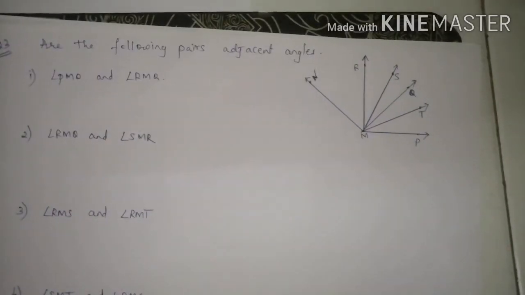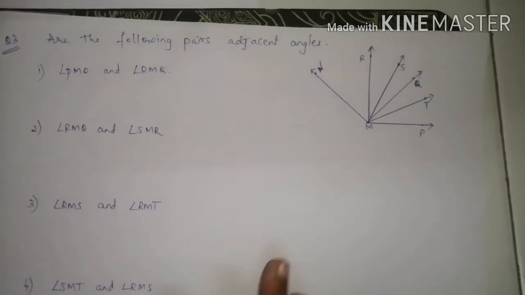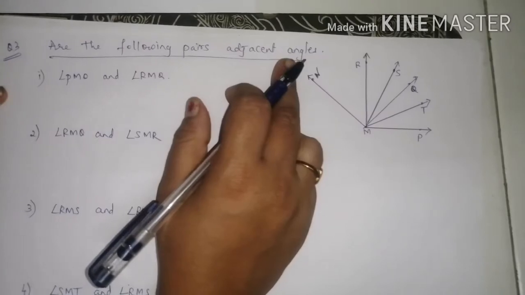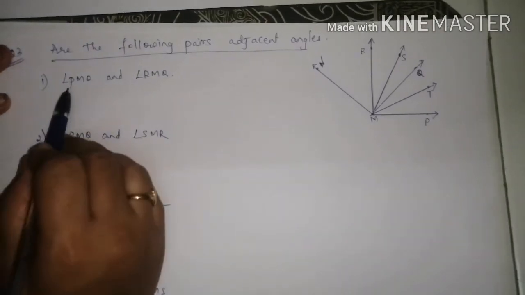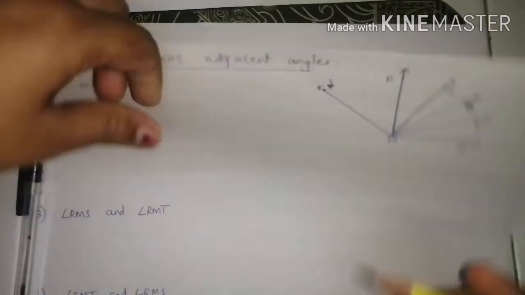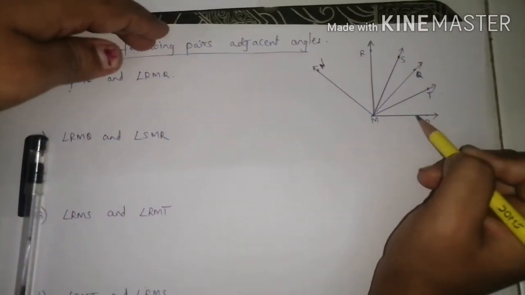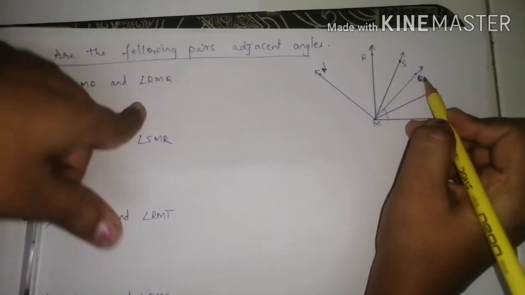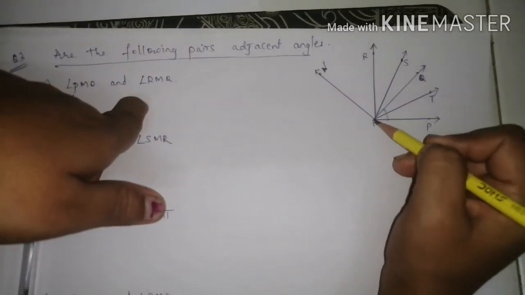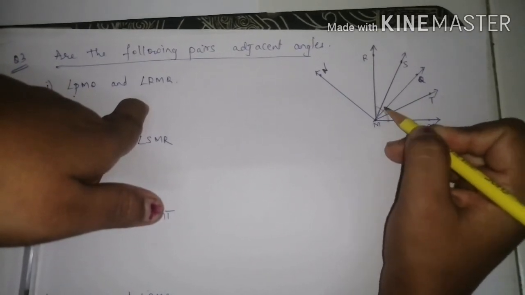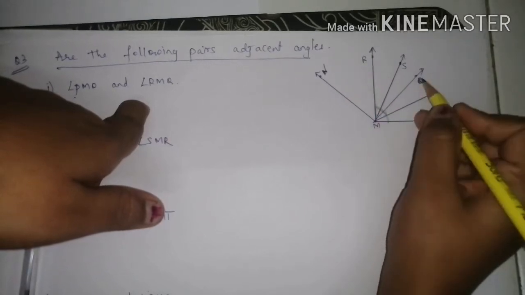Let's move to question number 3. This figure is given to you all. They are asking, are the following pairs adjacent angles? Let's see. Angle PMQ and angle RMQ. PMQ means this angle, and RMQ.